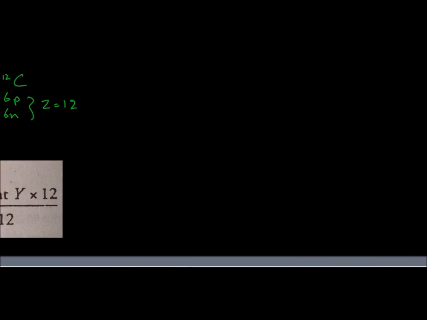So the first quantity is relative isotopic mass. It's similar to the relative atomic mass, but in this case you're talking about isotopes, not atoms.